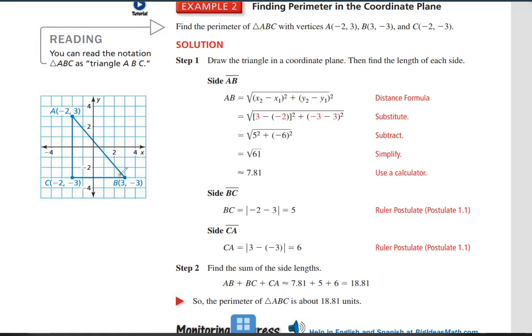Okay, so this one side right here, we definitely have to use the distance formula. That's what we did in the last section, right? We used the distance formula. We can use the distance formula here.